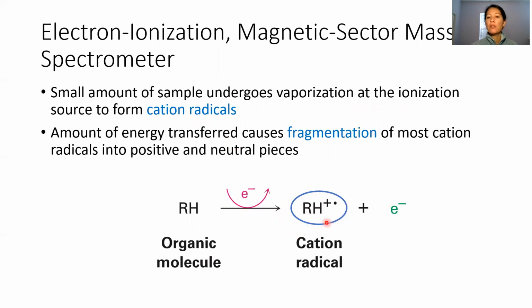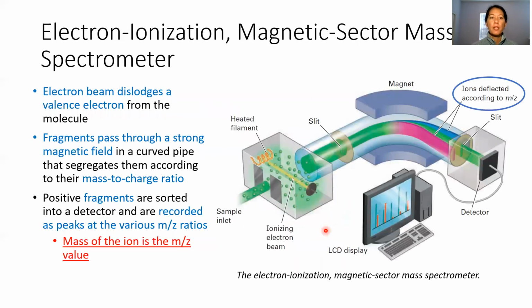The reason why is you would have actually kicked out a valence electron to produce a radical, an unpaired electron, and then you lost an electron, so it has a plus charge because it's a cation. Okay, during this energy transfer, this can actually fragment the molecule. And some molecules are more robust than others, but generally the main organic molecule is not high in abundance intact, and what you normally see are a lot of fragments of that molecule.